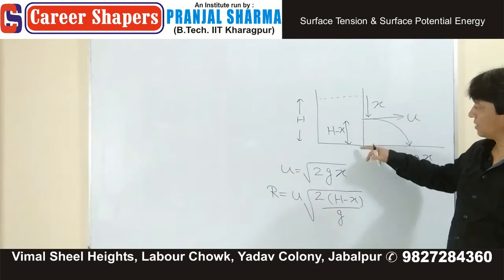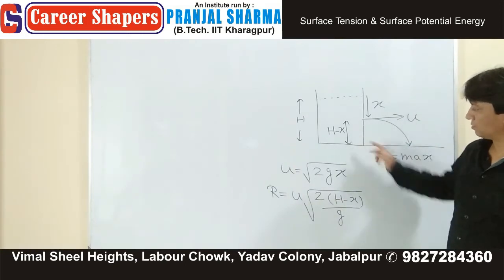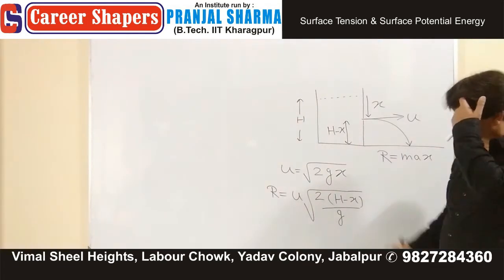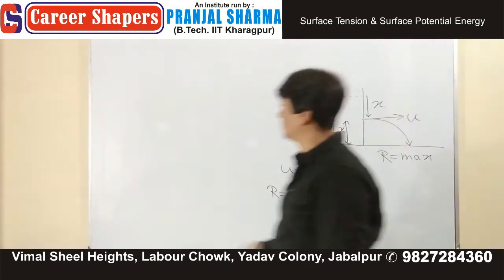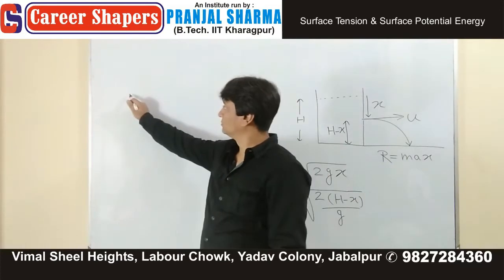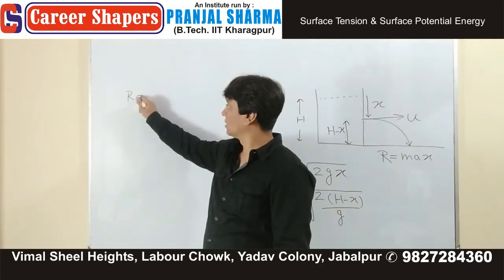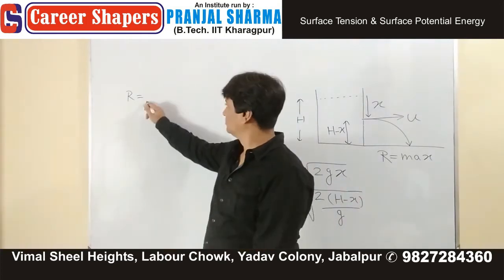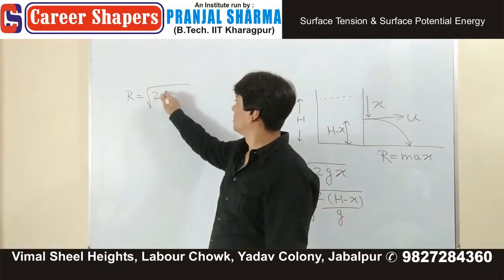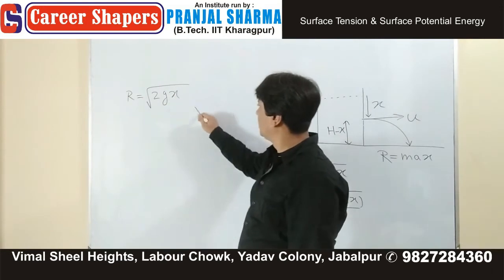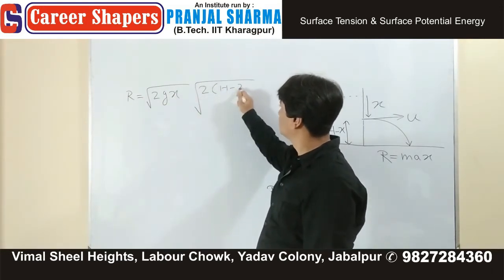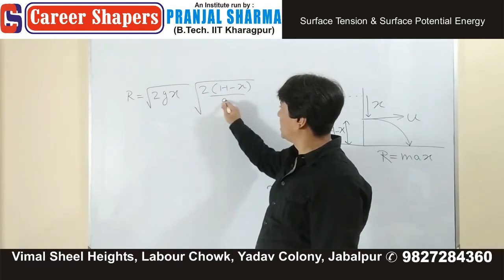U multiplied by root of 2 times this height divided by g. So your range is coming root 2gx multiplied by 2 into h minus x, divided by g.